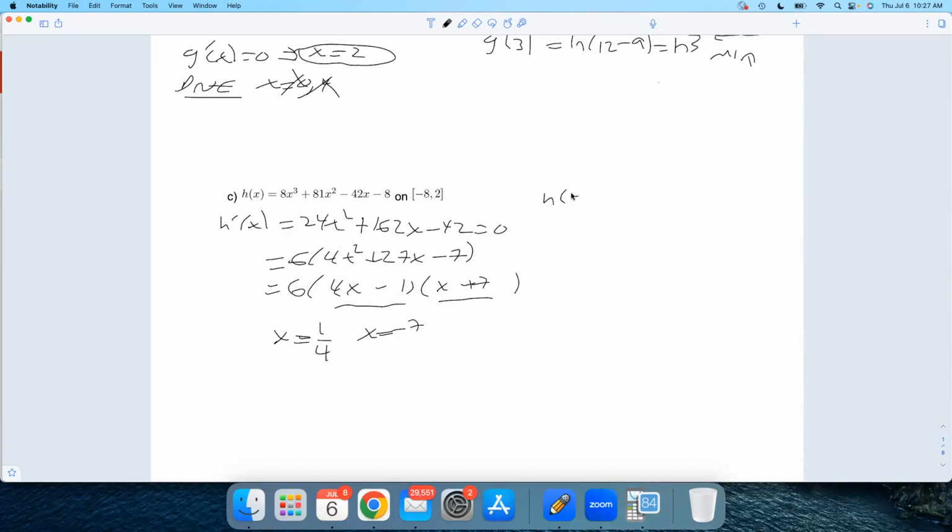All right, so now we have to check in the original each one of these values. We're going to check -8, 1/4, 2, and -7. Oh, I should have gone in order here.